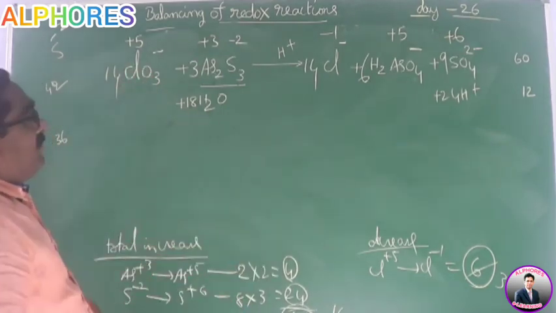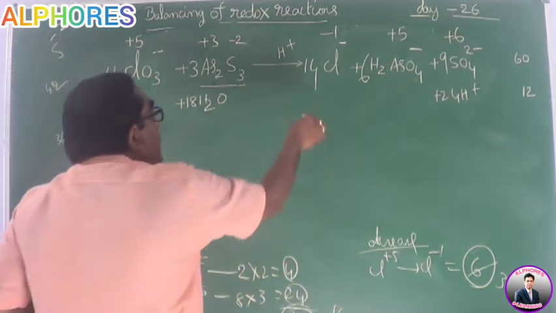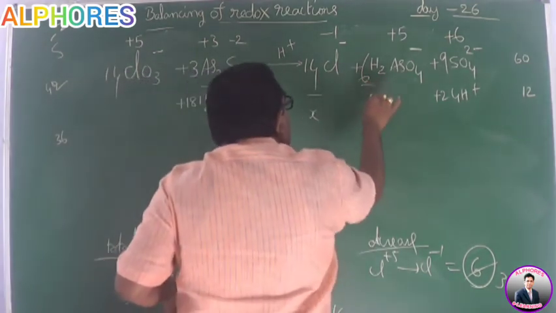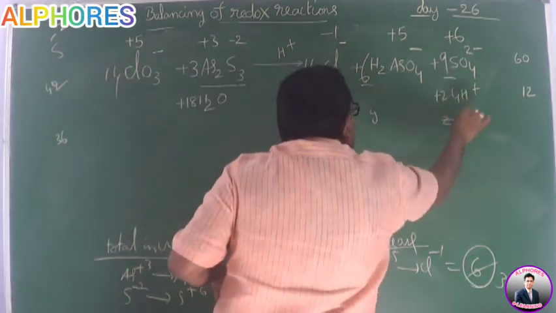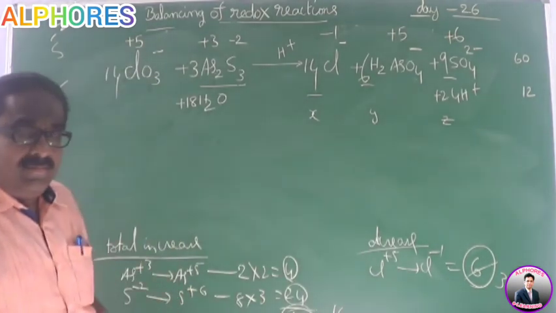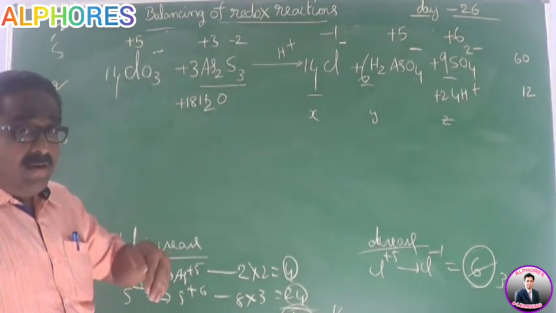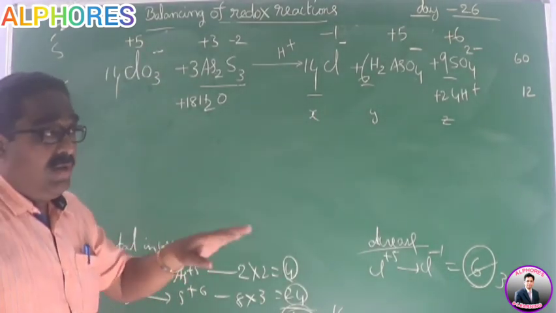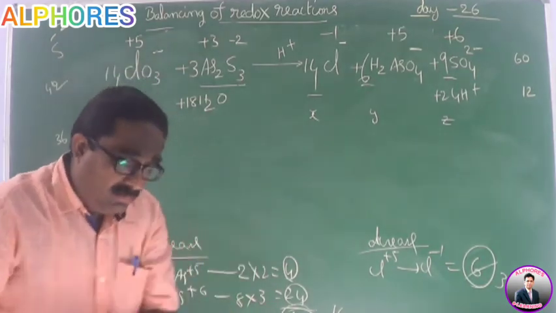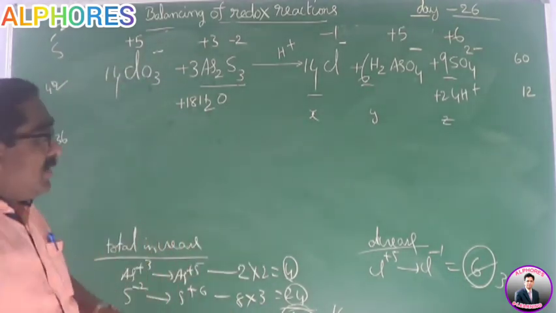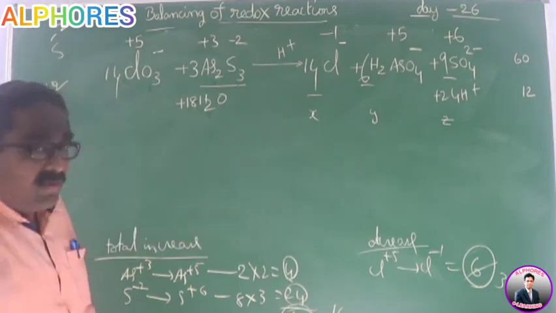Or sometimes they used to miss the coefficients. Instead of 14, simply x, instead of 6, y, and instead of 9, z. X, y, and z values are respectively, in the following redox reaction, or options they can set. Or it may be set for an integer also.